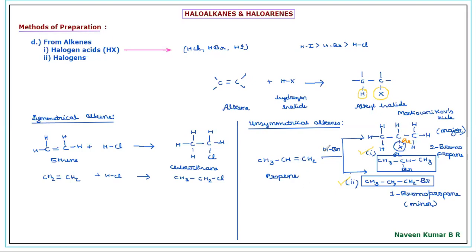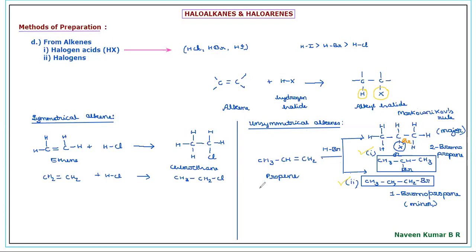We know that if HI is the halogen acid here, the iodide ion gets added to the middle carbon. Hence 2-iodopropane will be the major product obtained in the process. So easily you can differentiate. If any alkene other than propene is asked, you can relate the unsymmetrical alkene addition of halogen acid to it, according to Markovnikov's rule.